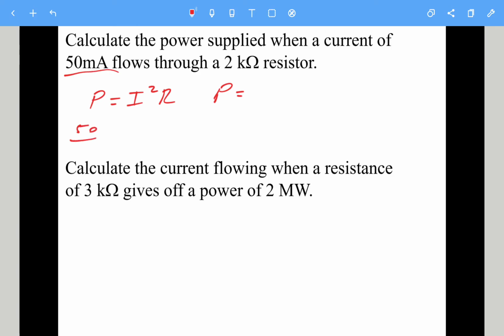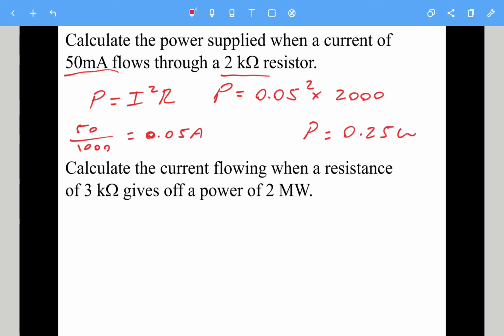So 50 milliamps divided by 1,000 will give us 0.05 amps. And then we need to square that, so power is equal to I squared R, so 0.05 squared times the resistance 2 kilo ohms, which is obviously 2,000. So if we calculate that, we get a power that's equal to 0.25 watts.